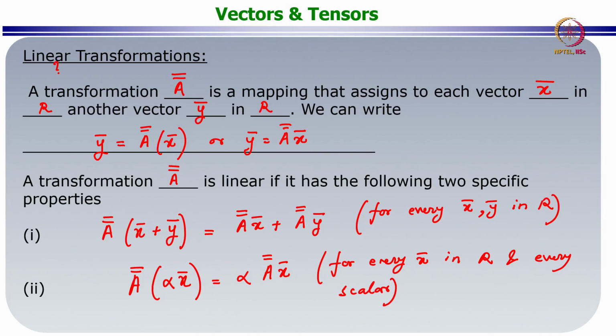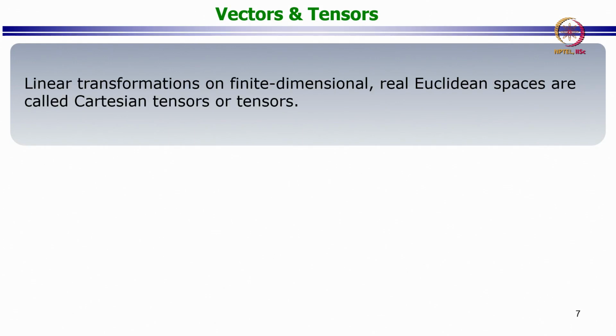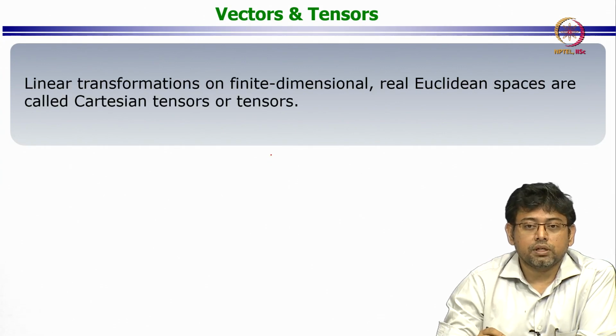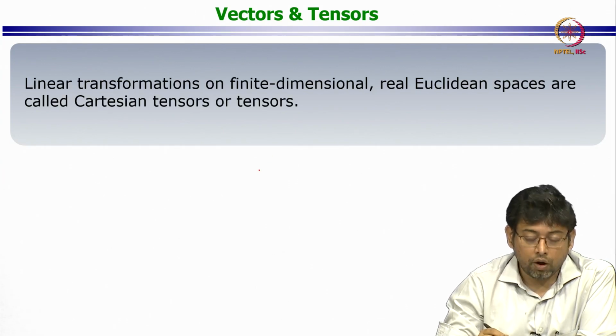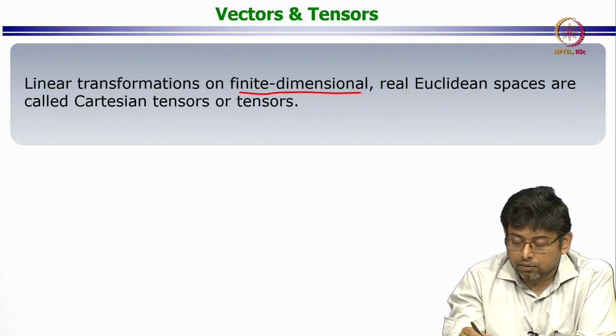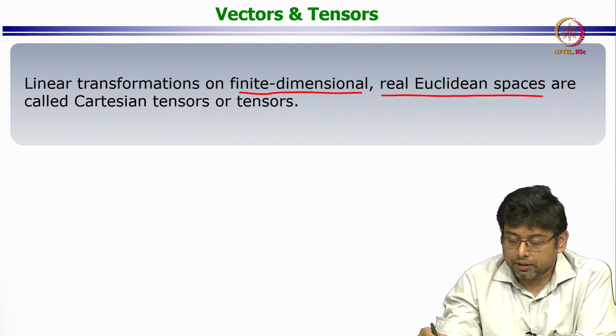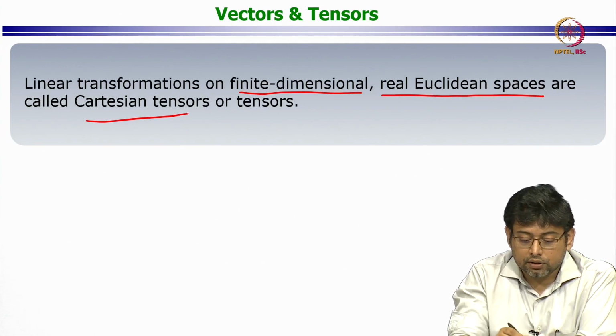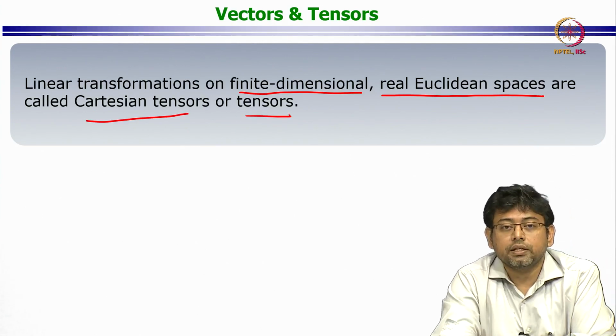Okay, so we have done linear transformations. Now this is a very important definition, and we are going to work with this definition a lot here. So linear transformations on finite dimensional real Euclidean spaces are called Cartesian tensors, or just simply tensors.